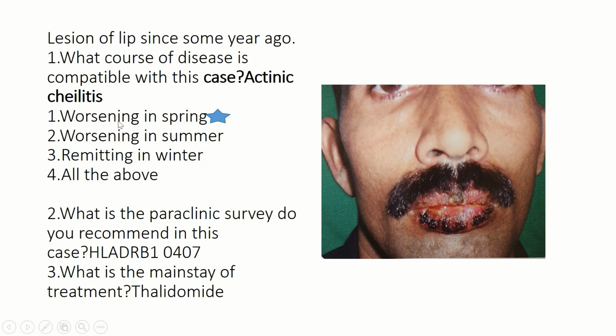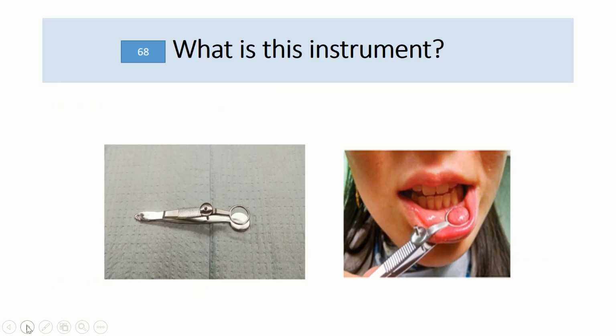Like Behcet syndrome, in the disease related to the oral cavity, requesting HLA is recommended. In Behcet, we request HLA B51, and here we request HLA DRB1. And the mainstay of treatment for this condition is thalidomide.